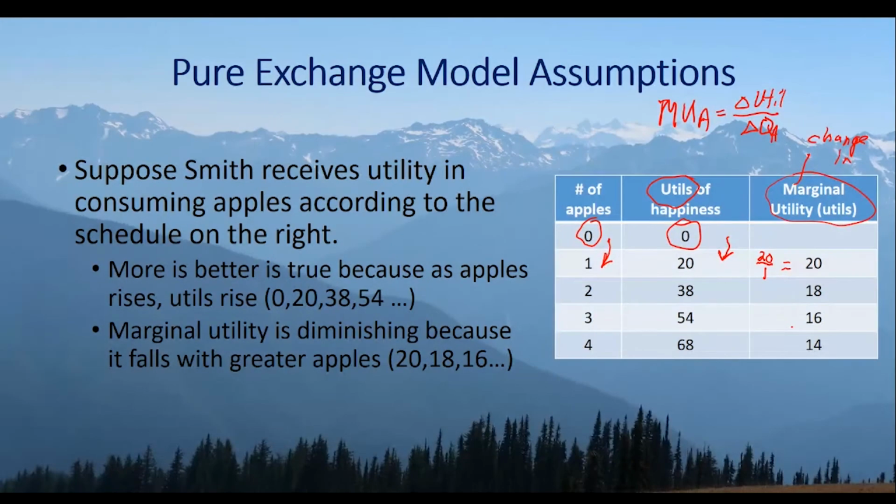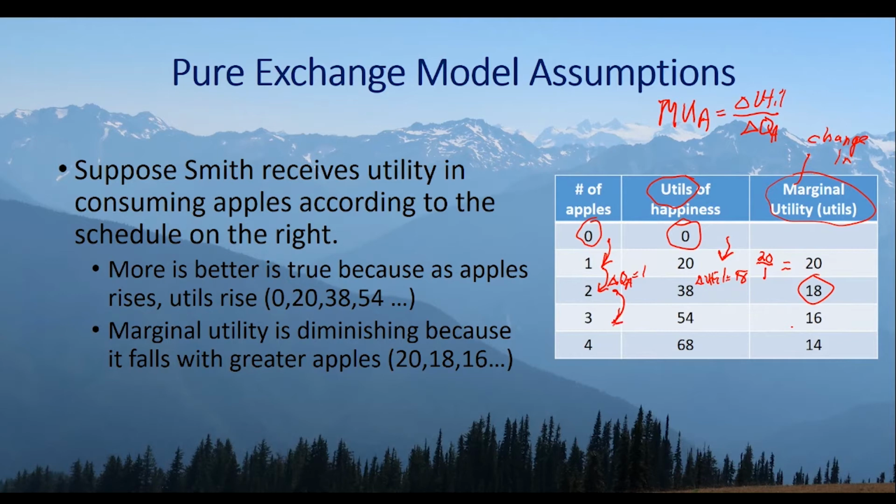Now, the next marginal utility, of the next unit, moving from 1 to 2, the change in the quantity of apples is equal to 1. But here, the change in utility is equal to 18. So we take 18 divided by 1, and we get the value over here. 18 is the marginal utility in consuming that second apple.